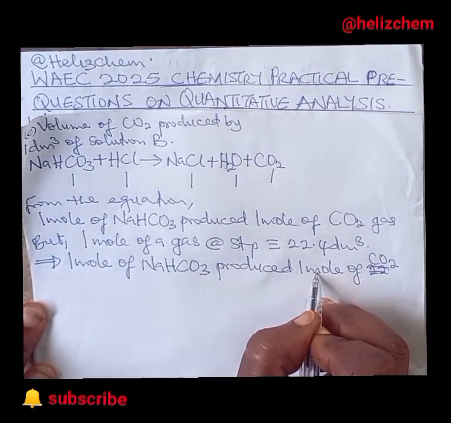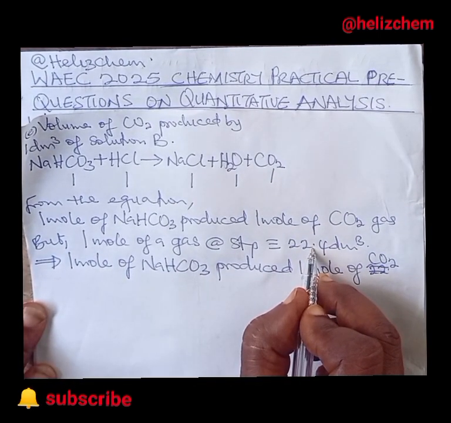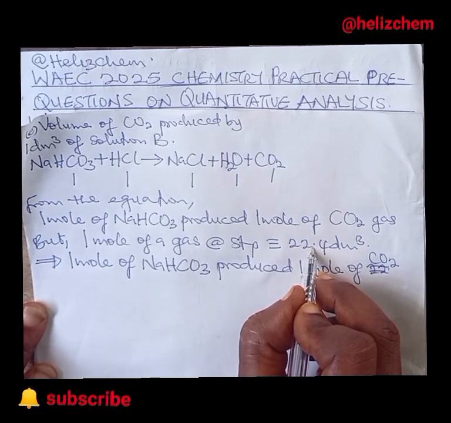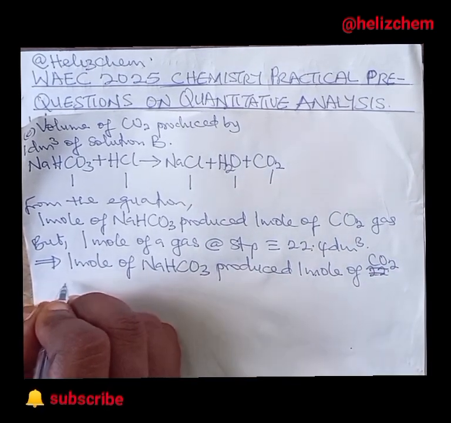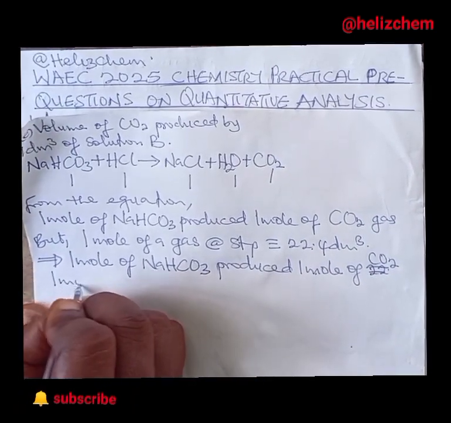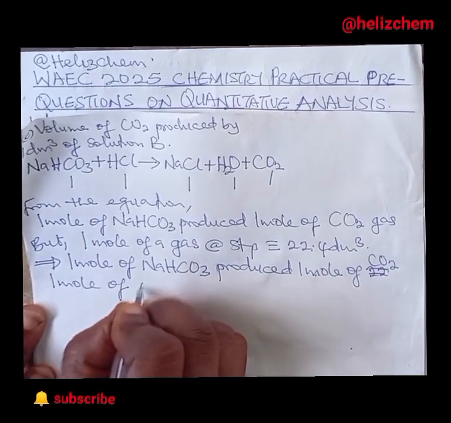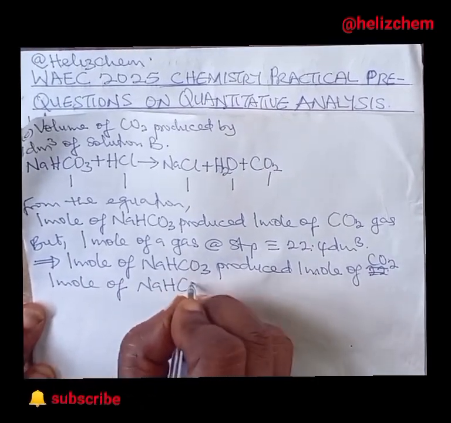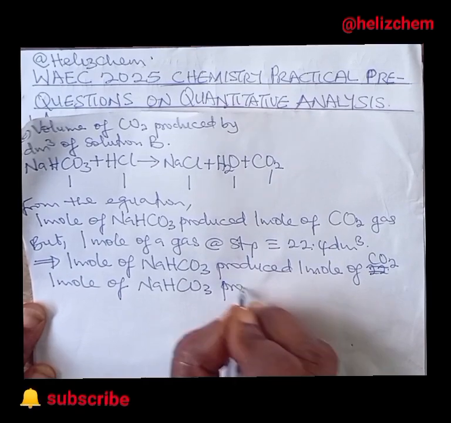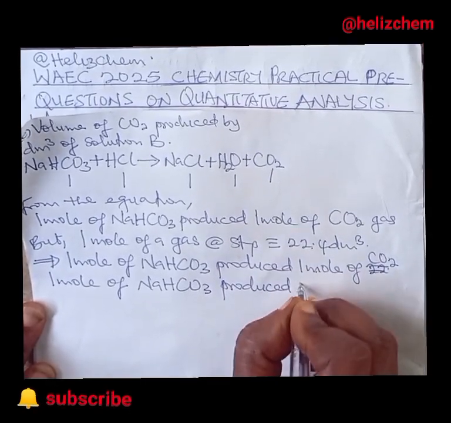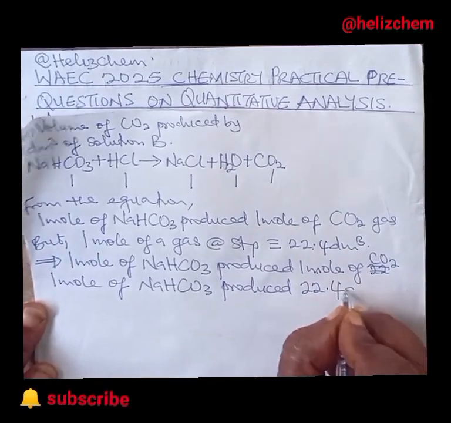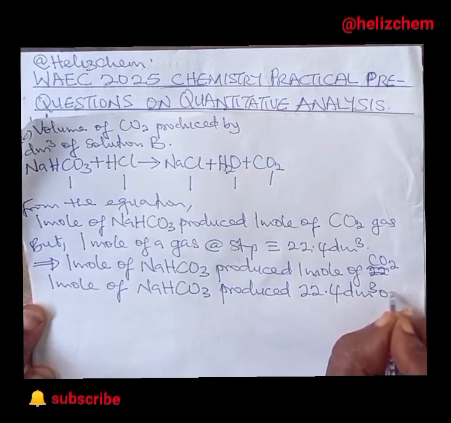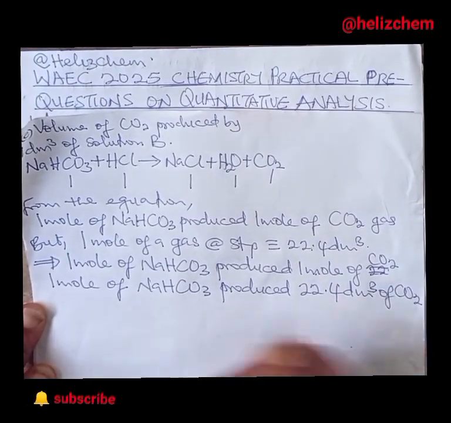And we know that 1 mole of this is 22.4 of this. So we can say that 1 mole of sodium hydrogen carbonate produced 22.4 dm cube of CO2.